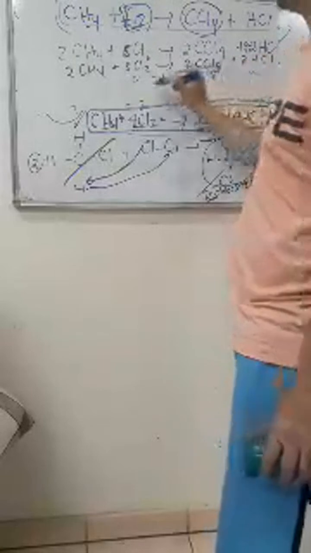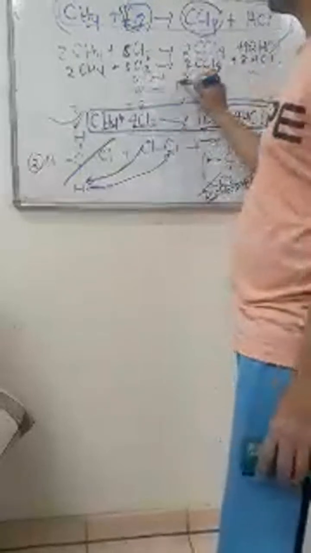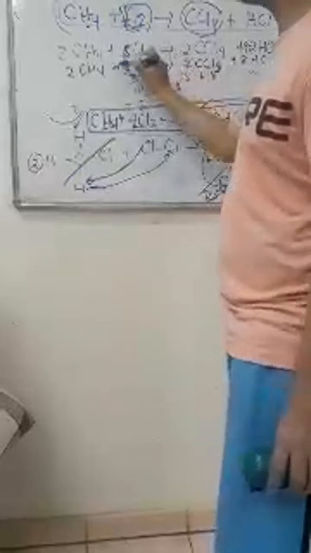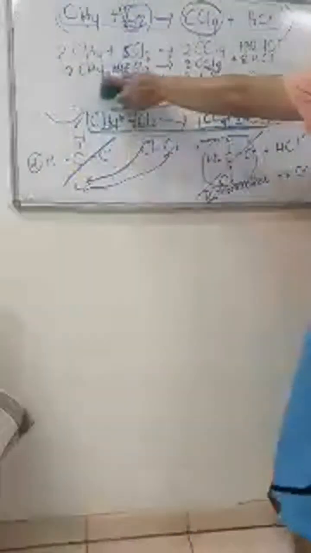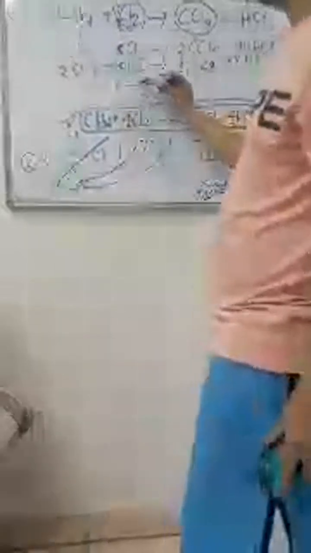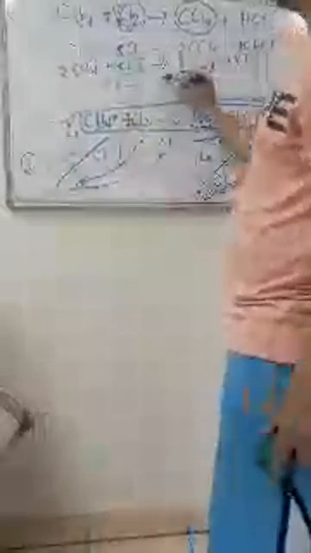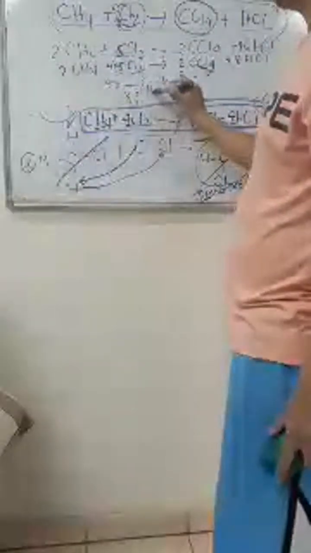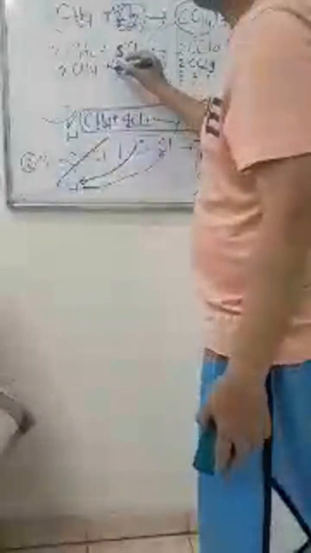So, 16 versus 10. Deficient here. So, let X also be beside the 5 moles of chlorine gas. So 5X is equal to 16. Then X is equal to 16 over 5.